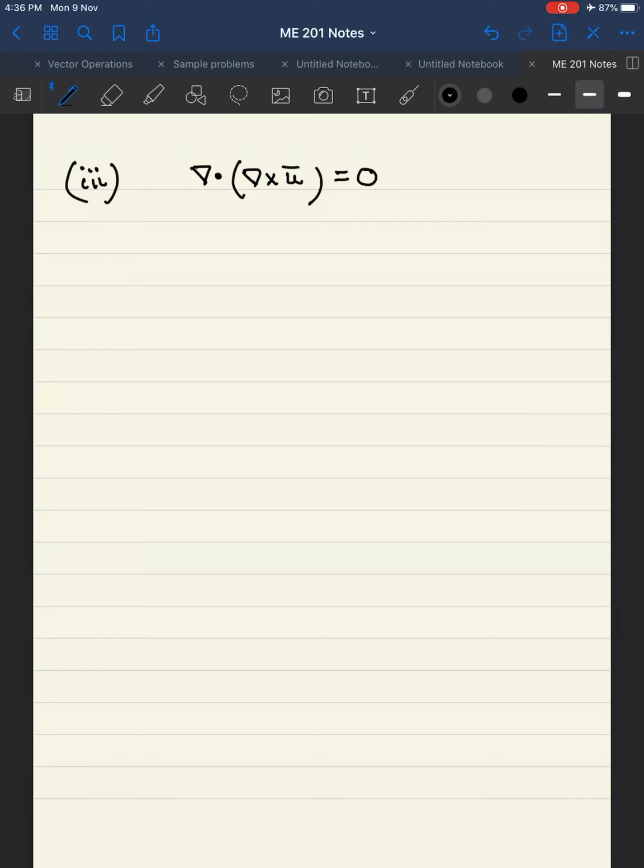So this is a vector identity. I believe I had asked you to prove this when we were discussing these vectors in chapter 2. You should be able to see very easily why that is the case, and basically this implies that the divergence of vorticity is equal to 0.